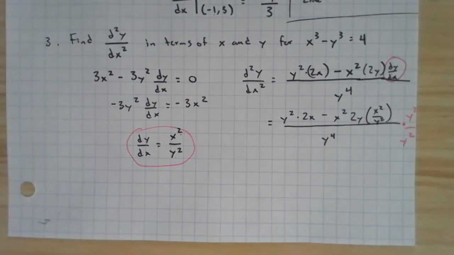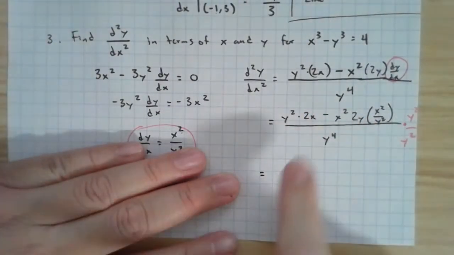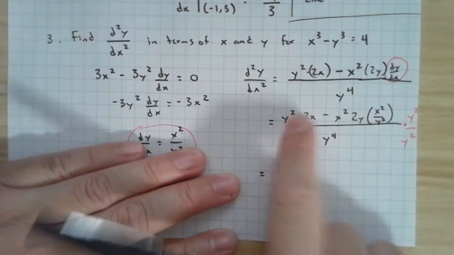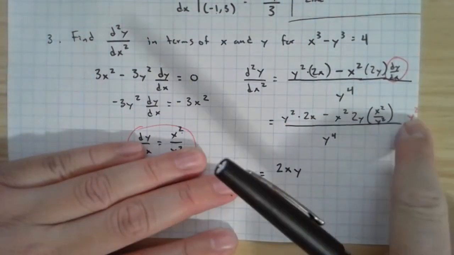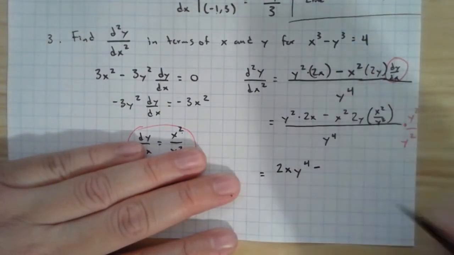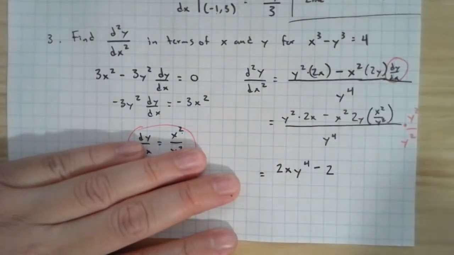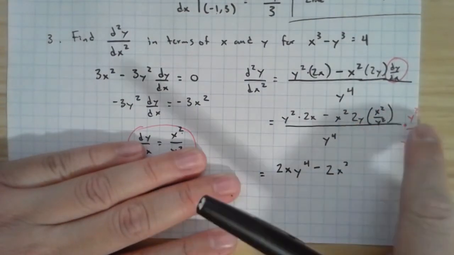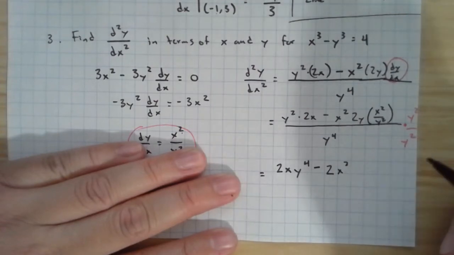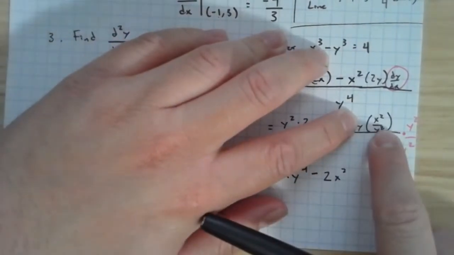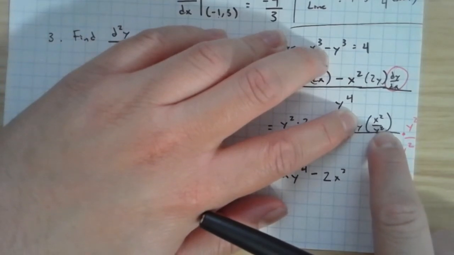Now, what that's going to do for me is, I still have that 2x, y squared times y squared, I'm going to get y to the fourth, minus, I'm going to move that 2 to the front, x squared. Now right here, you see how y squared is in the denominator, times y squared.